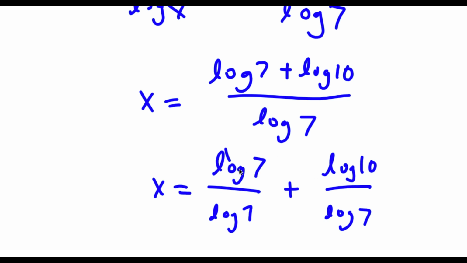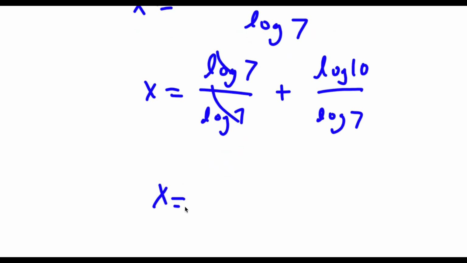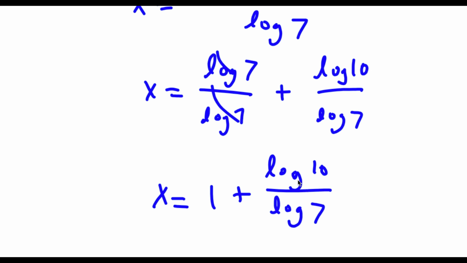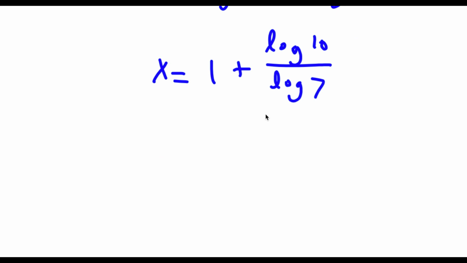So now log 7 and log 7 cancel out, so now I'm left with x is equal to 1 plus log 10 over log 7. Now log 10, that's simply equal to 1. So now I have x is equal to 1 plus 1 over log 7.